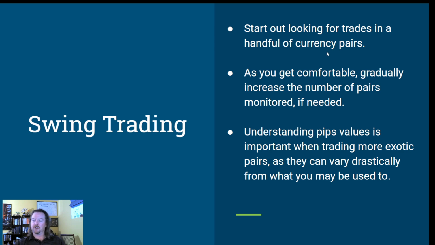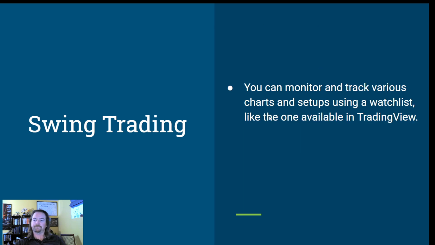As mentioned, those more exotic pairs, those oddball ones I call them, are still major countries' currencies, but you are going to need to have a good handle on pip values and calculating position size and all that before you start trading them. So add those in slowly if needed.